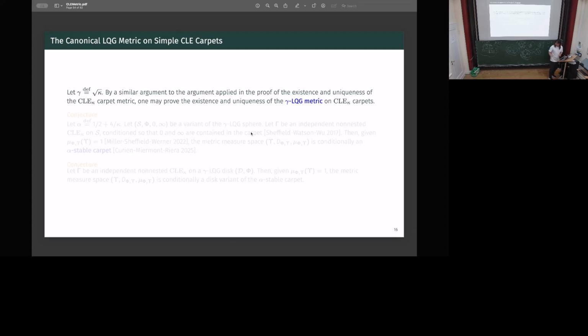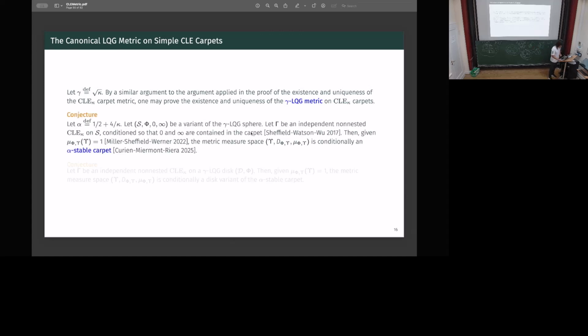So this object is also interesting because it's related to some other things. So that alpha is given by this formula, and it's related to a thing called stable carpet.